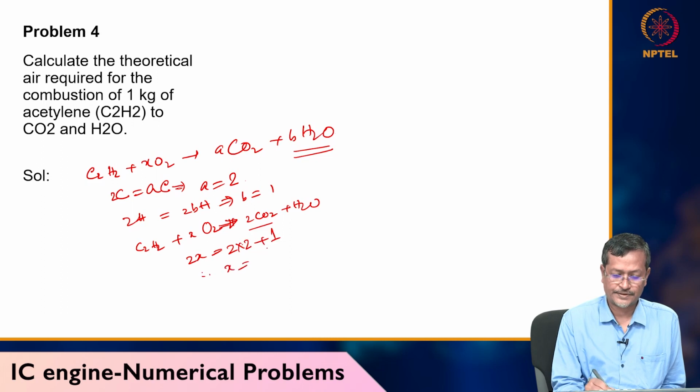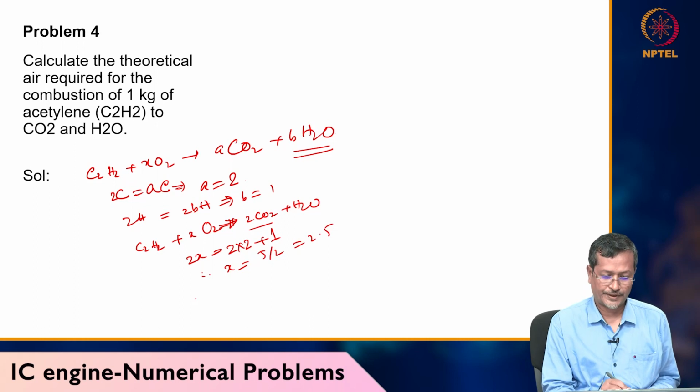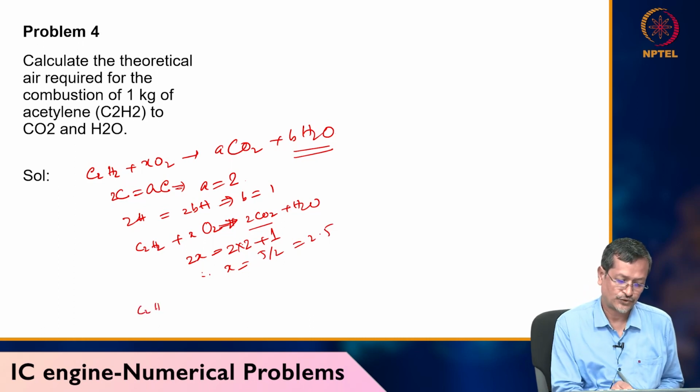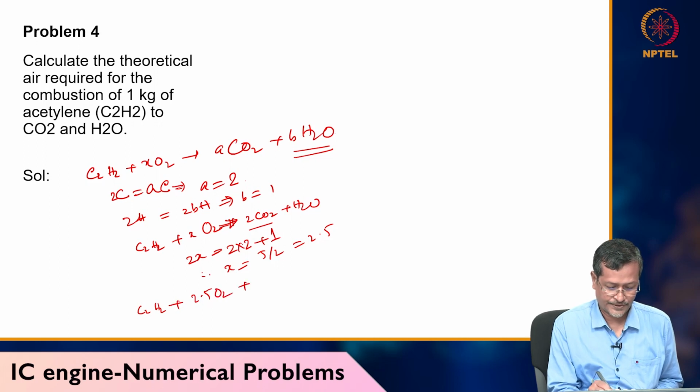Therefore x equals 5 by 2, which is 2.5. Now the equation becomes C2H2 plus 2.5 O2 equals 2 CO2 plus H2O.